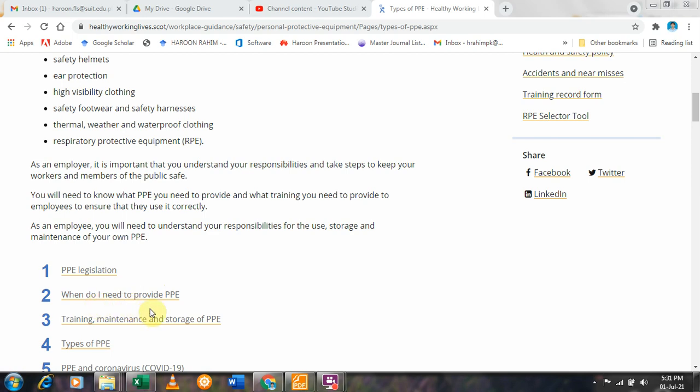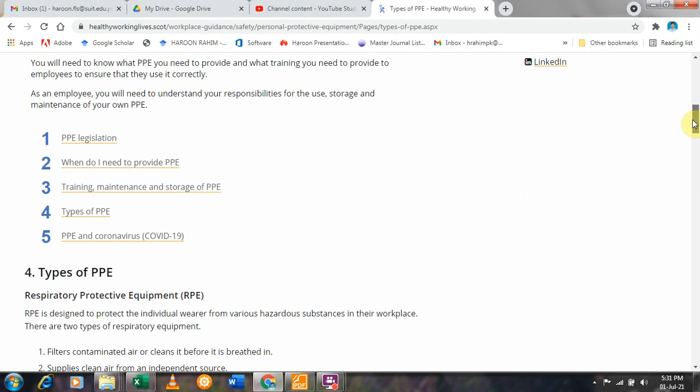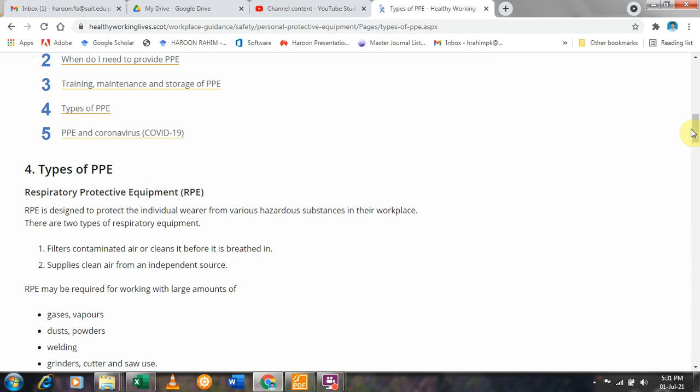When do I need to provide PPE? Training, maintenance and storage of PPE, types of PPE, and coronavirus, that is the current COVID-19, depending upon the situation we have to use the PPE.